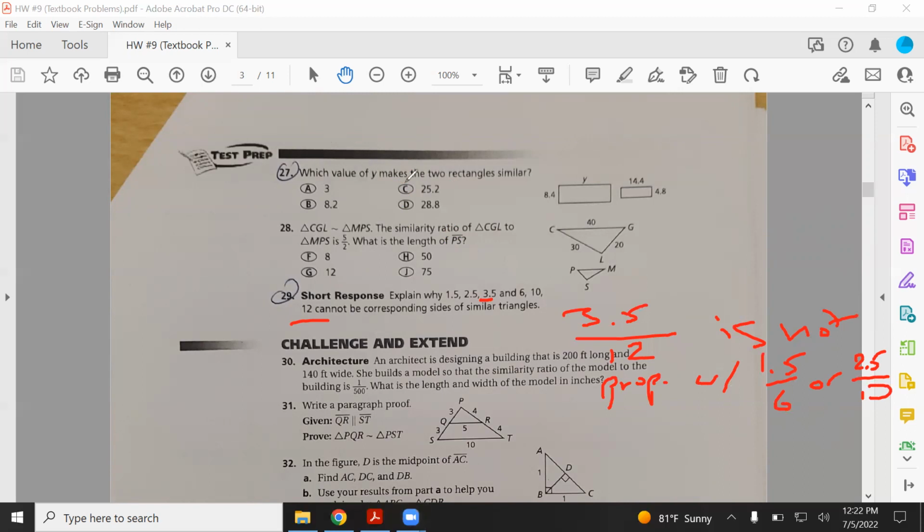27, if you work that one out, that should be 4.8 over 8.4 equals 14.4 over y.